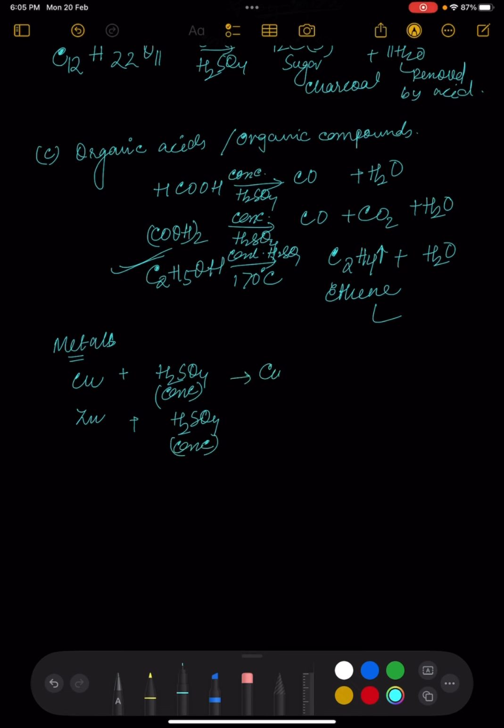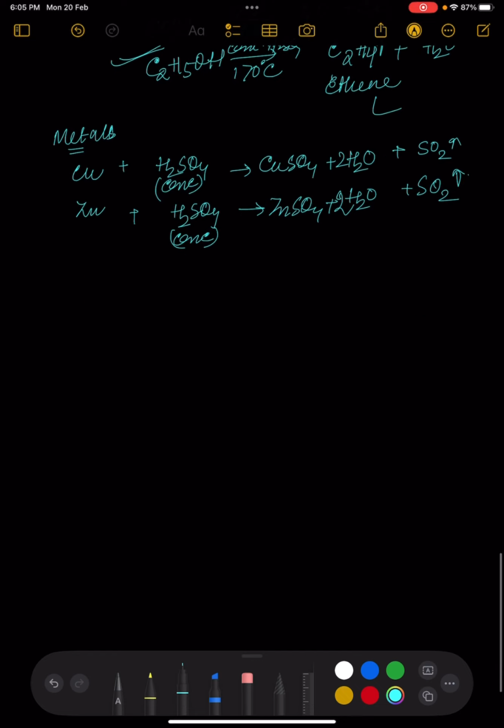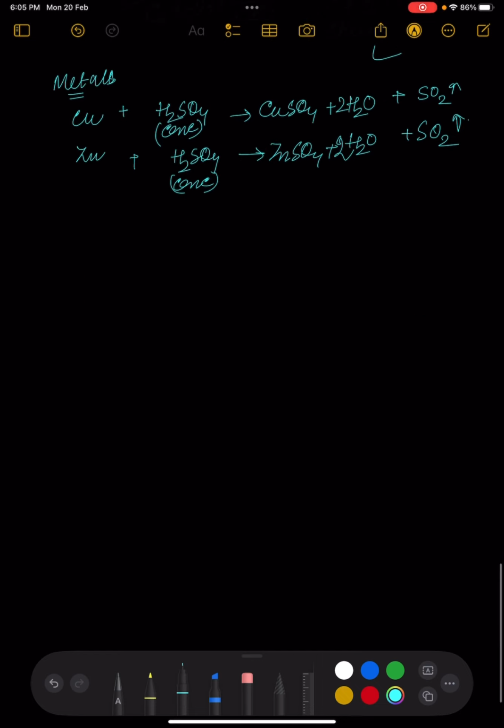So CuSO4 and ZnSO4 will be formed, plus 2H2O, and SO2 is liberated. SO2 contributes to pollution and is harmful for health.